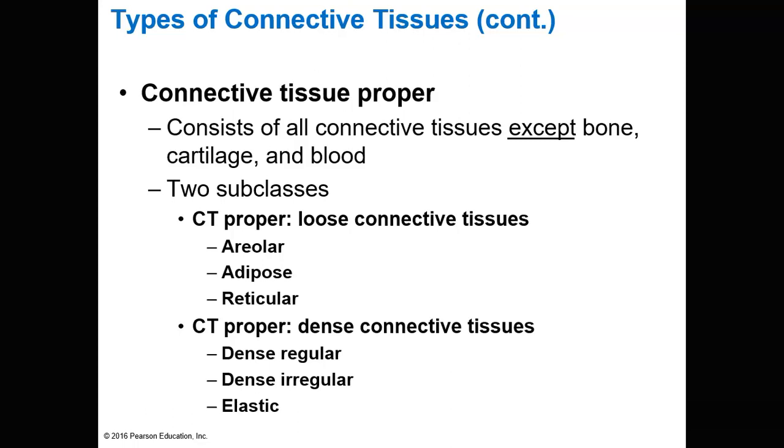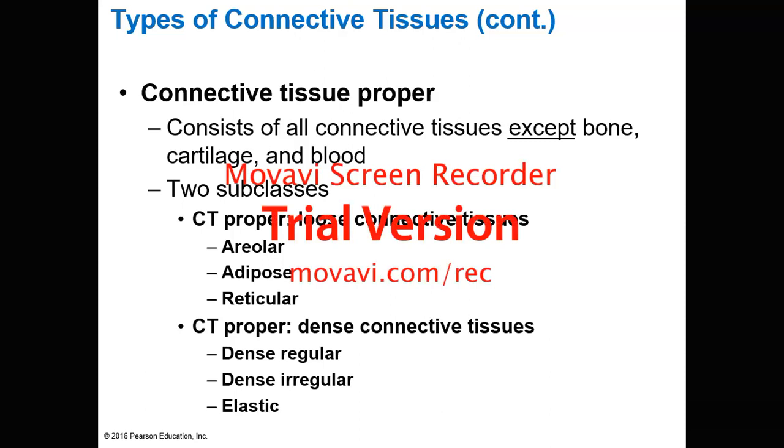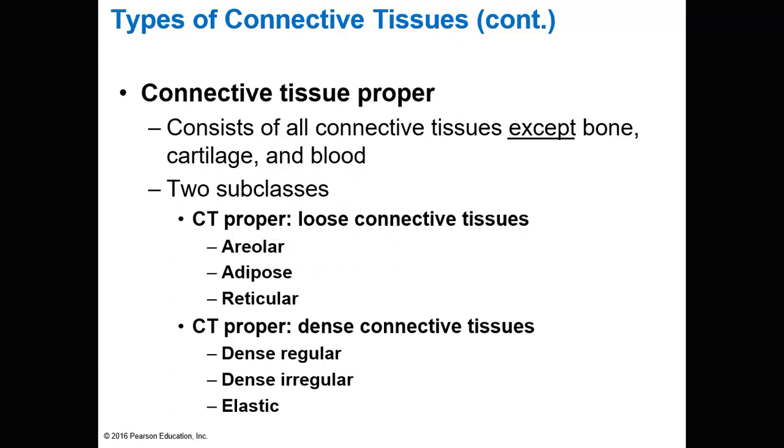So you have two subcategories. You have loose connective tissue proper, the areolar we just got through looking at, adipose, which is fat connective tissue, and then reticular. And then you have dense connective tissue proper. You have dense regular, dense irregular, and elastic.